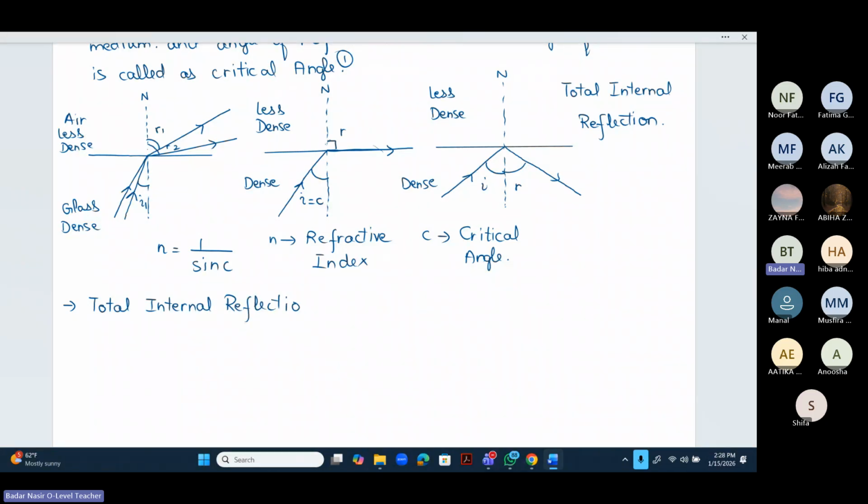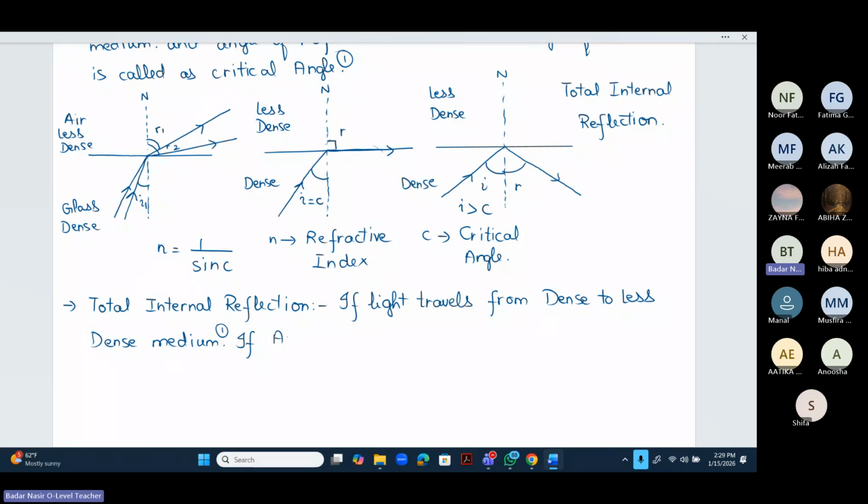So 2 मार्क, 1 मार्क आपको इस चीज का है कि if light travels from dense to less dense medium. तो 1 मार्क तो यही है ना, सेम जो क्रिटिकल एंगल में भी ये था. सो एक्चुअली लाइट जो है ना वो डेंस से लेस डेंस में जाने की कोशिश कर रही होती है. इफ सो एंगल ऑफ इंसिडेंस जो है वो क्रिटिकल एंगल से बढ़ जाता है.